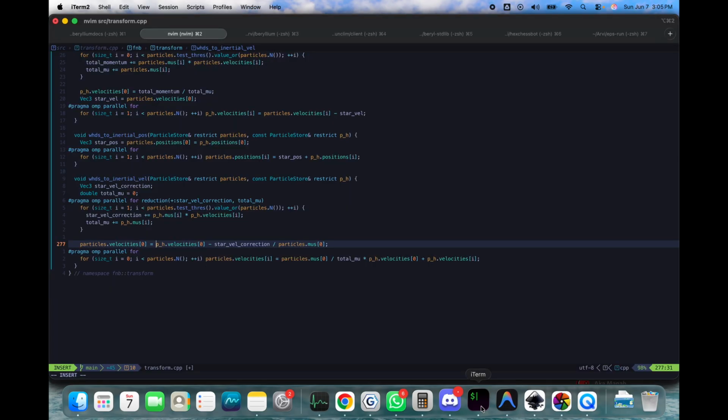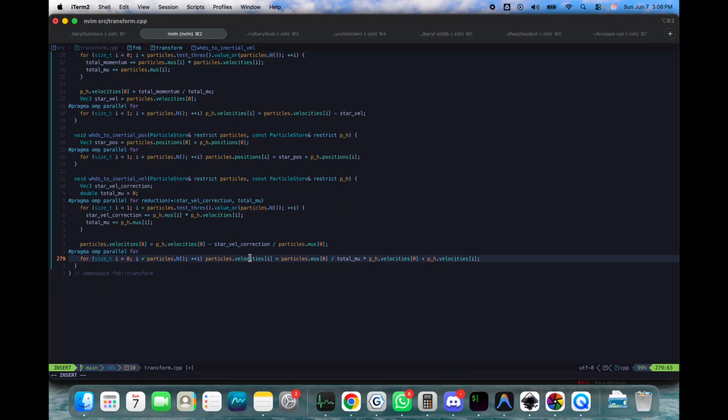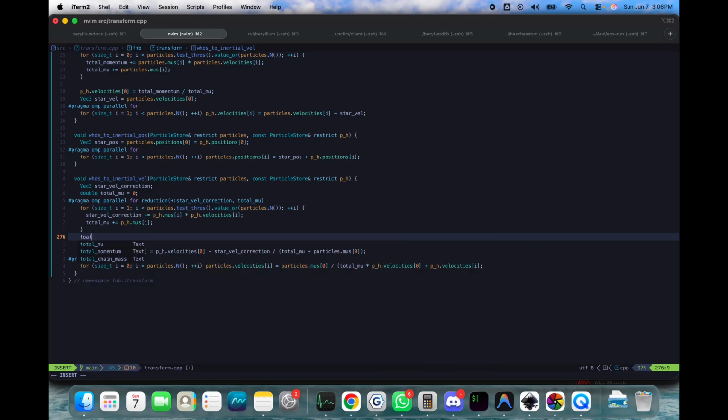So I think what we can do is just grab your total mu, total mu plus that, and let's just say total mu plus equals particles.mu index 0. So I can just use total mu directly. And now hopefully, invalid operands.